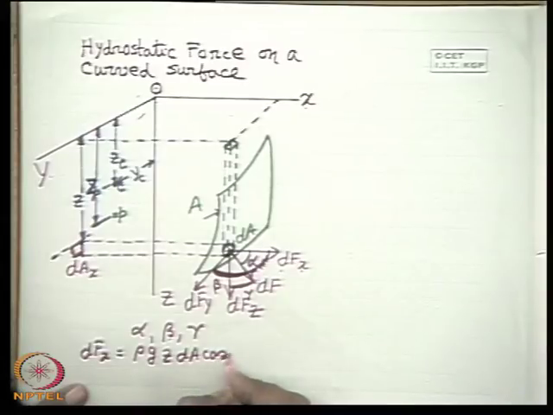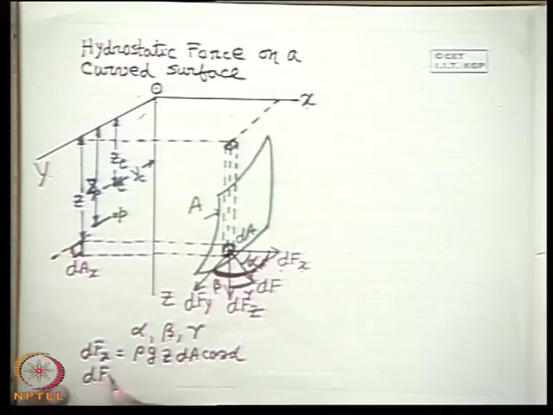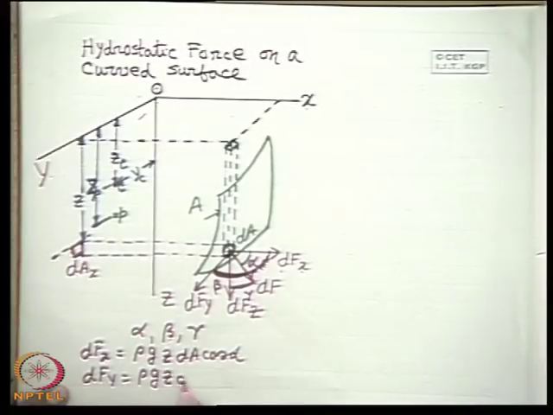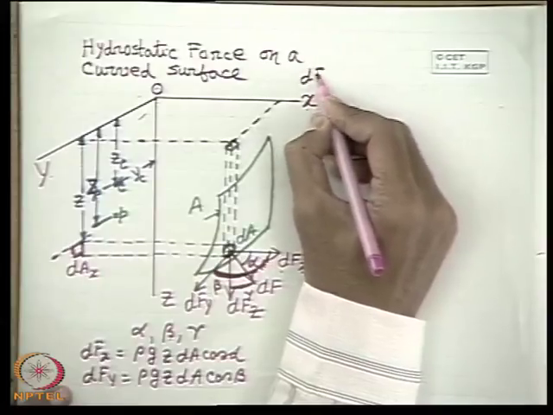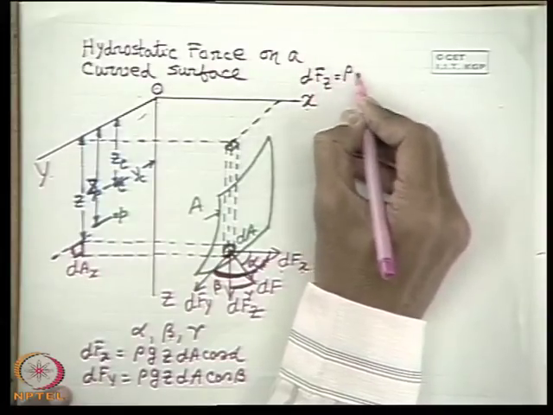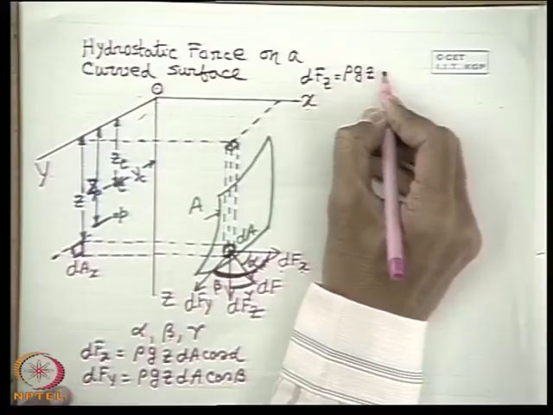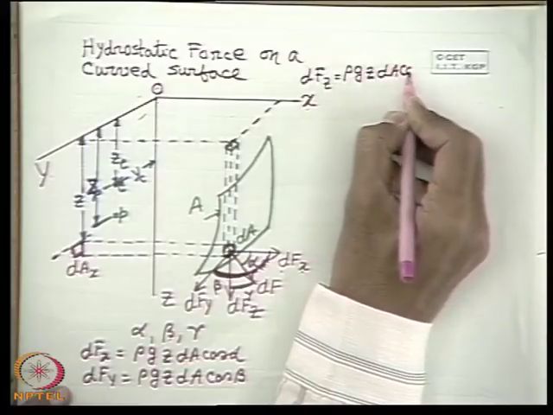Very good. What is dFy? Rho g z dA cos beta, and what is dFz? That is rho g z dA cos gamma.